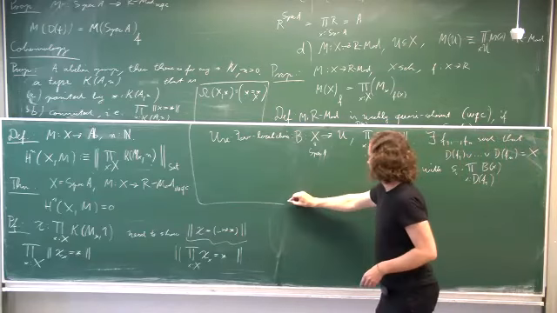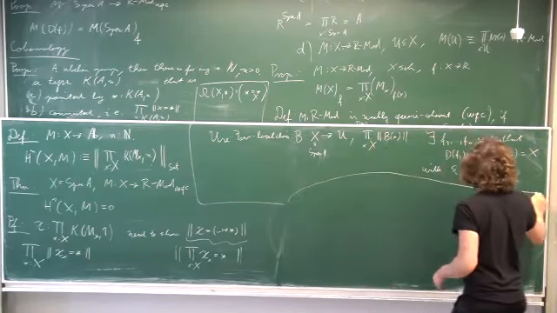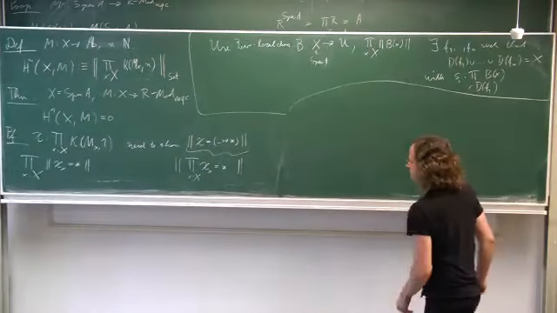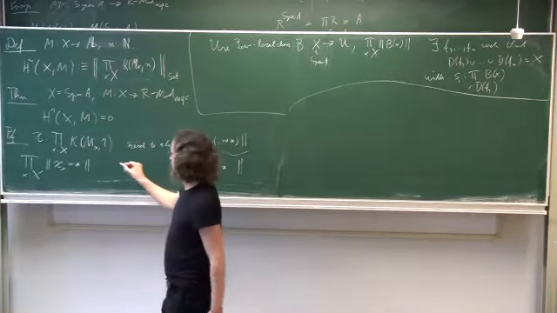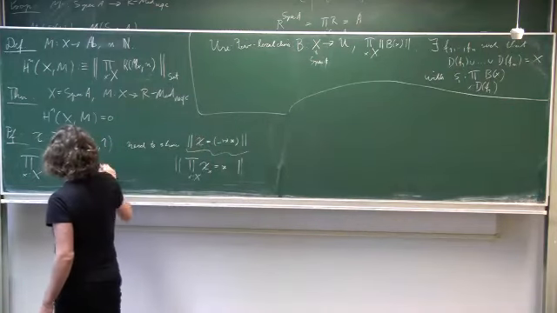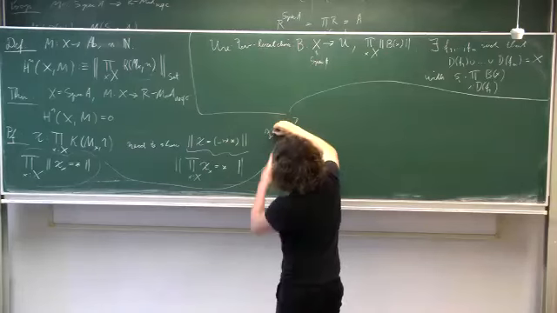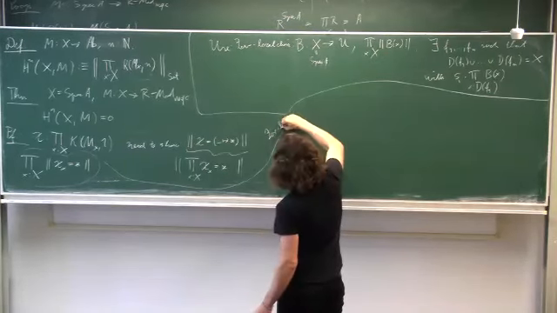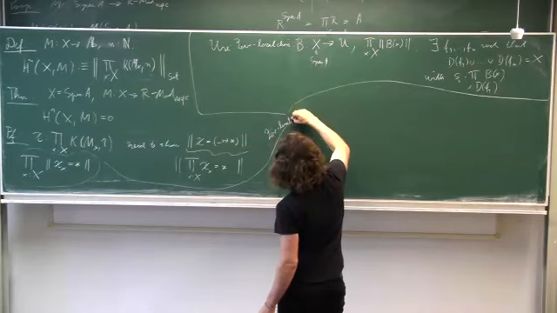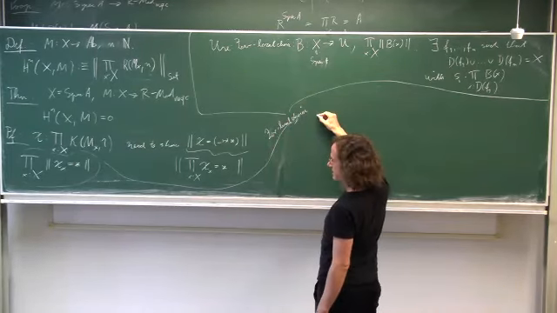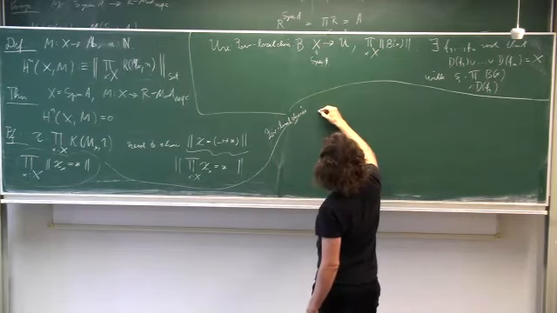Okay, so if I take this and apply Zariski local choice, I get the following. I get a cover.